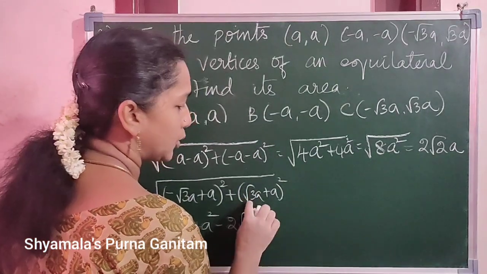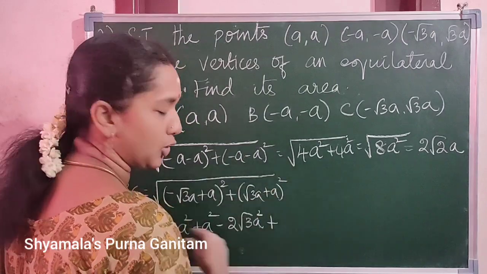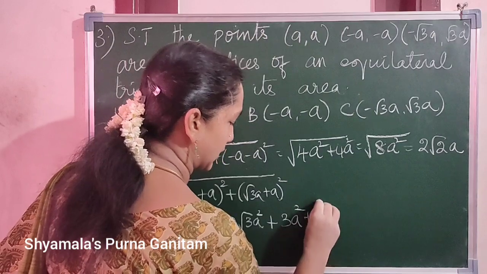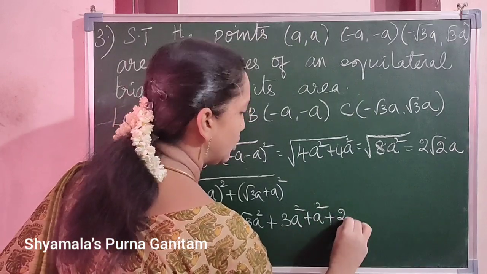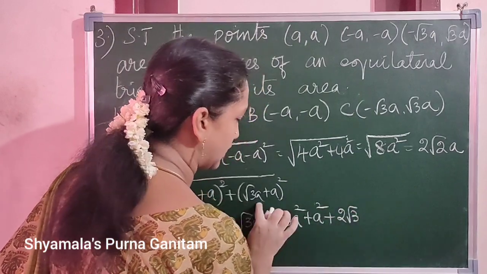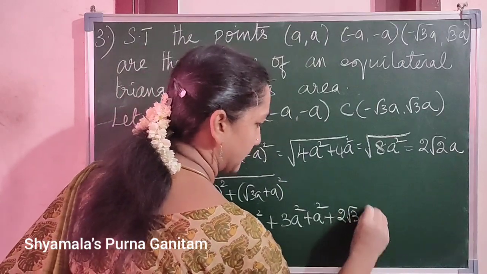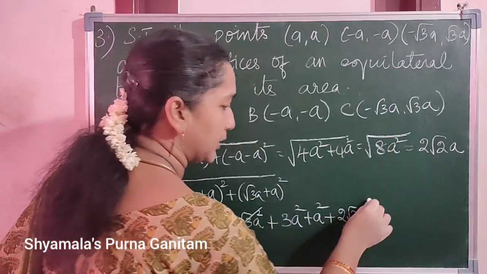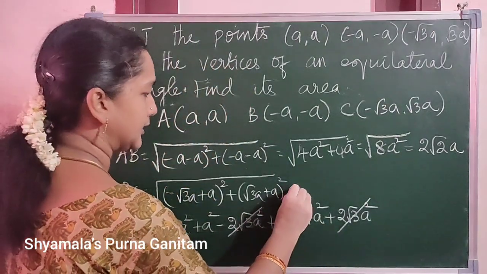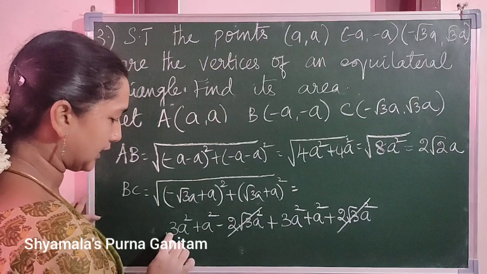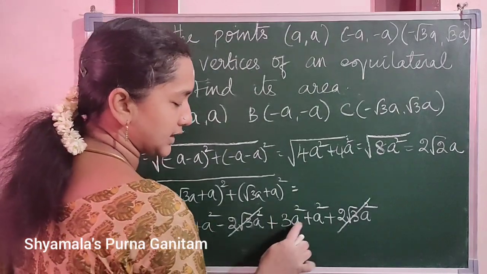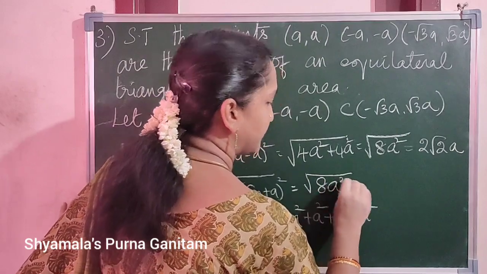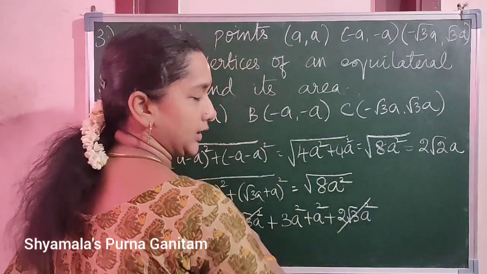Then for this one, root 3, this is also a plus b the whole square, so a squared plus b squared plus 2ab. Here, minus 2 root 3a squared and plus 2 root 3a squared will get cancelled. So when you add the remaining things, you will get 3, 4, 5, 6, 7 and 8. So you will get root of 8a squared.